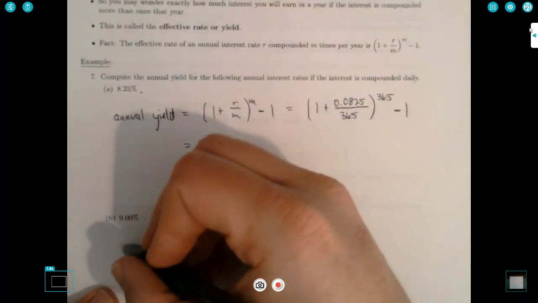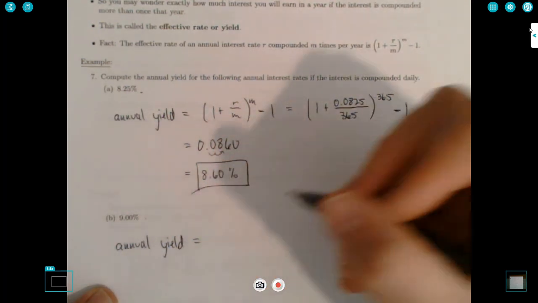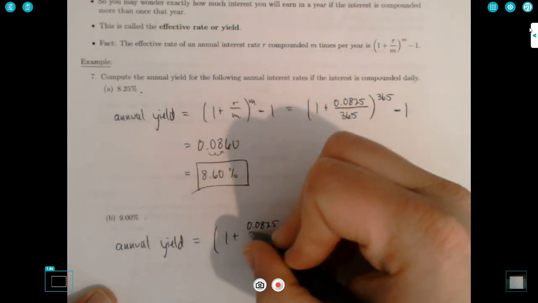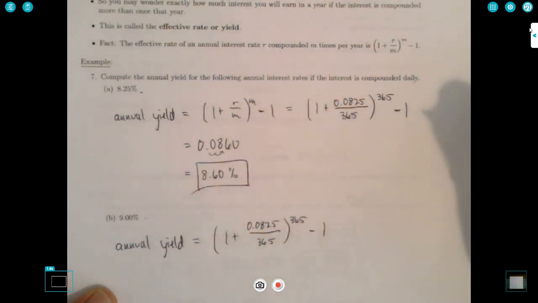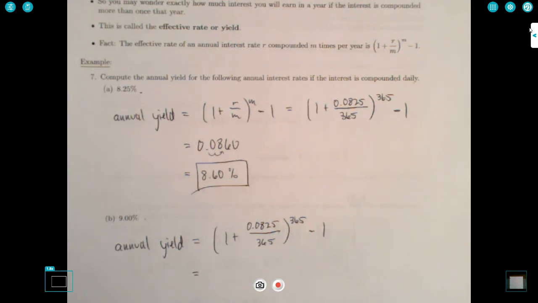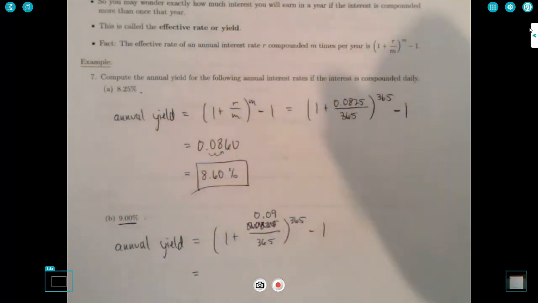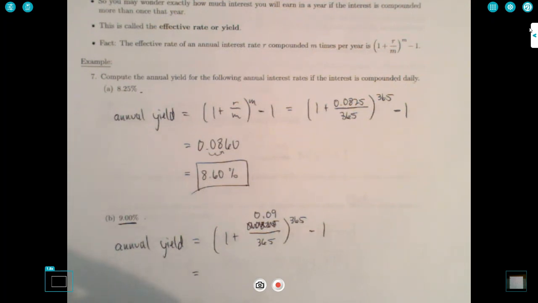Let's do the same thing for the 9%. So the annual yield is going to be (1 + R/m)^m - 1. So in my calculator, sorry, the interest rate this time is 9%. So that's the thing that changes. I'm just going to go back and change in my calculator the 0.0825 to 0.09.